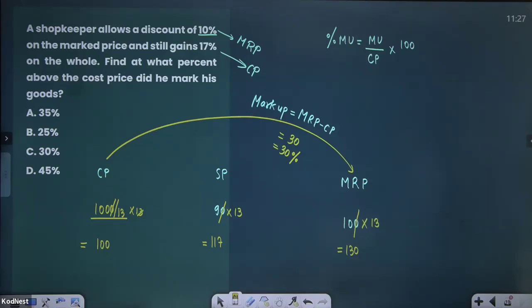If we had taken cost price 100, things would have been simple. Okay. But we cannot know before solving the question what is better. We cannot tell. Okay. So 117 is 90% of marked price, not cost price. Anjali, 90% of marked price.